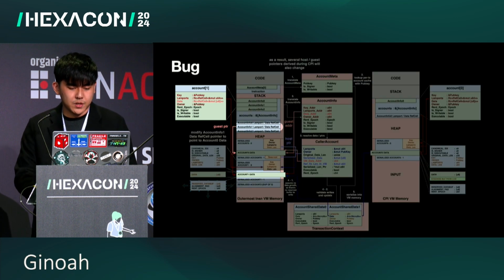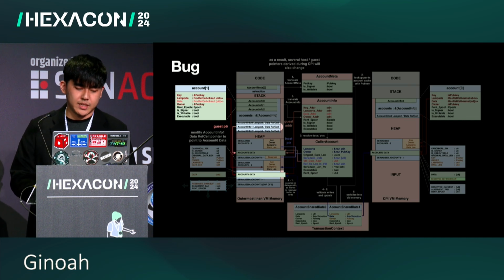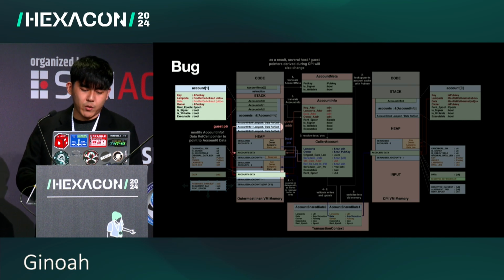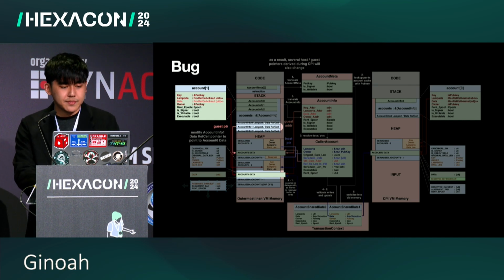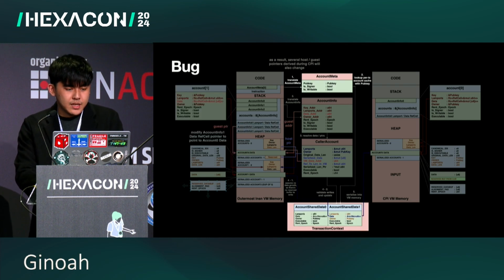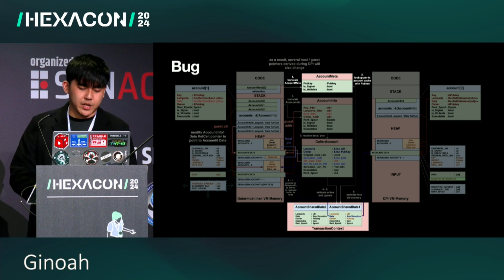Since heap memory is fully controlled by the user, let's say we modify the pointer of account 1 in the ref cell, where account 1 is not owned by our program, to point to the data of account 0, which is owned by our program. Then the CPI call starts. First, we collect the metadata of the accounts involved in the instruction, and in this case, we make only account 1 included in the CPI call.